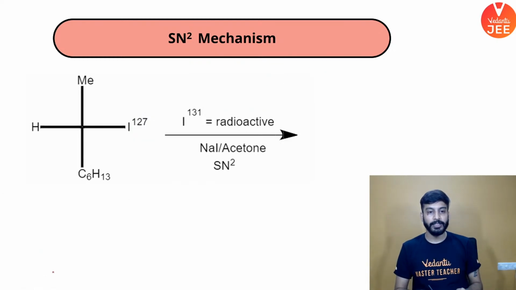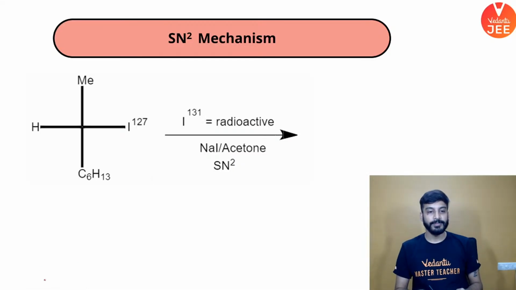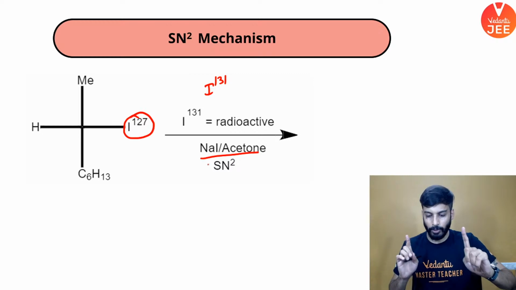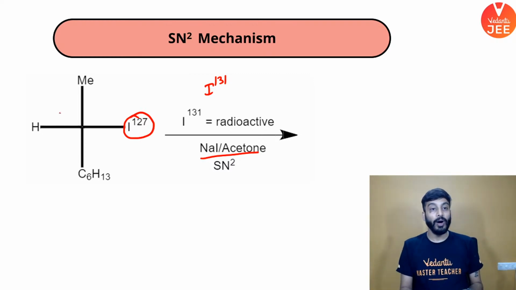Let me just erase everything. Check this out. Here iodine 127 is taken and iodine 131 is taken in this case. SN2 reaction will happen. So far so good. Iodine 131 will attack from the back.